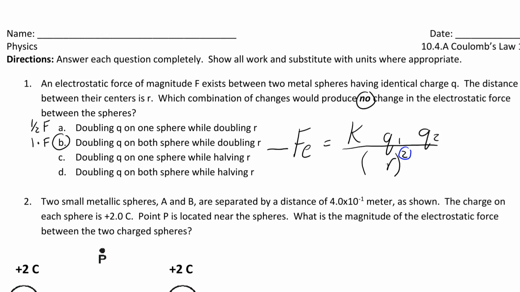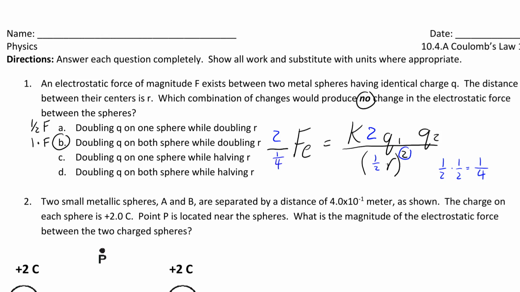So you're doubling the charge on one sphere, and you're halving the radius. This is an interesting one to do, okay? So now we have 2 in the numerator, and we have a 1/2 squared. If you forget how to do that, it's 1/2 times 1/2, right? When you're multiplying fractions, you multiply the numerator, so 1 times 1 is 1, and then you separately multiply the denominator. 2 times 2 is 4, so we have a 1/4 in the denominator.